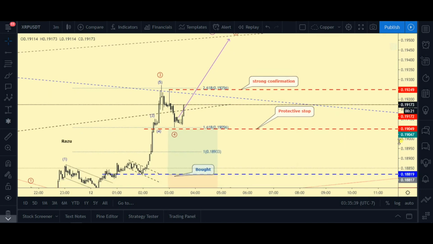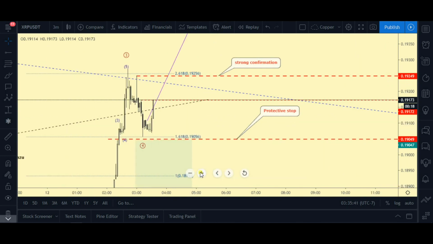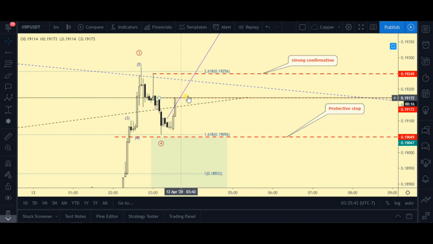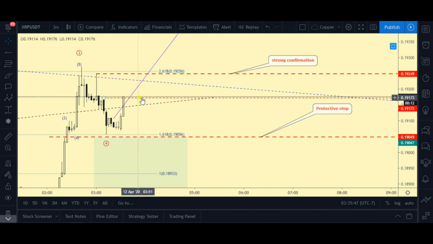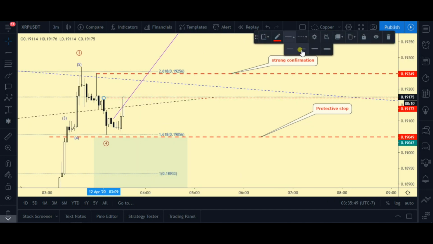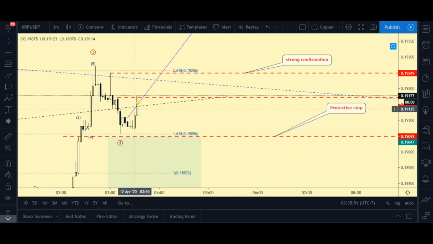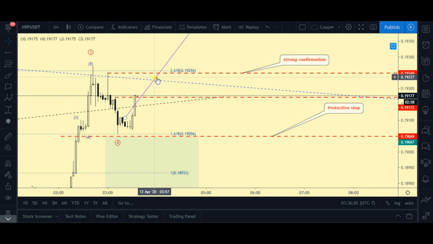So right now we want the price to close above this resistance here. This is the resistance line. It should cross over this, close over this, and you can be sure that after this is broken and becomes support, most probably this could be broken easily.